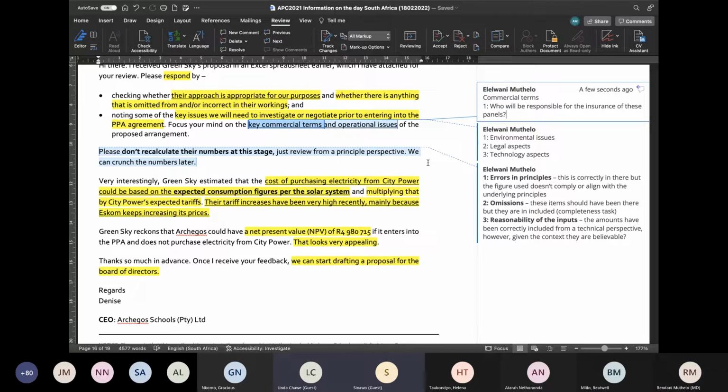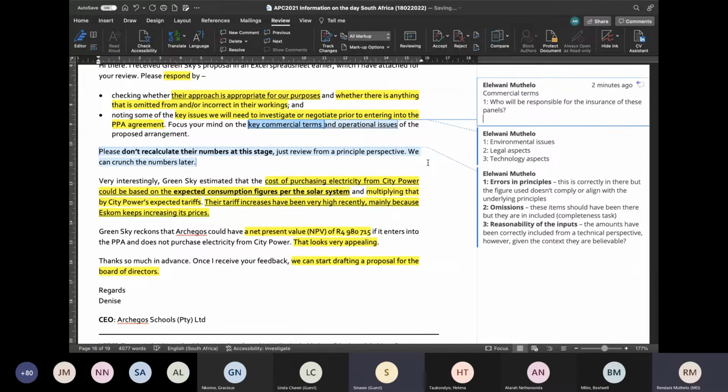Okay, no, I understand. I think the other one relates to the PPA rate. Since it's the first time we are investing in such a project, will I be wrong if I try to interrogate and say, where did you get this rate? Is it market related? To compare whether it's market related, that's a good point. Just compare if there is any other proposal. Remember that in the reflection videos, I even gave you links and said, these are the other guys that do similar things. So I will not go to the board and say, board, let's go with Green Sky when you have not gotten other proposals.